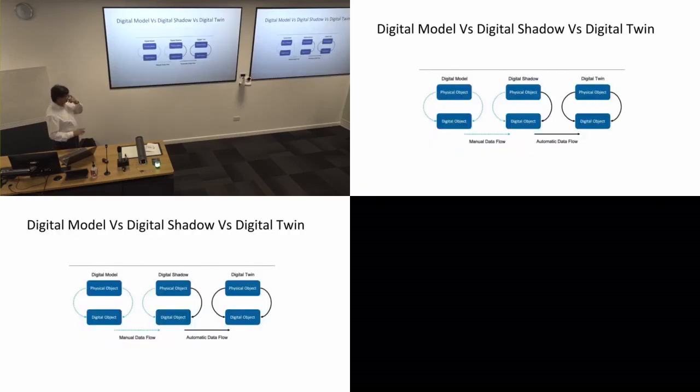Another aspect people raise is, what's the difference between a digital model, a digital shadow and a digital twin? If you talk to an environmentalist who is doing building information modeling, BIM for example, they say, by the way, we are trying to do similar things.